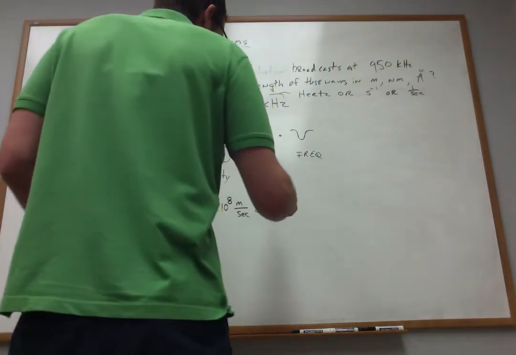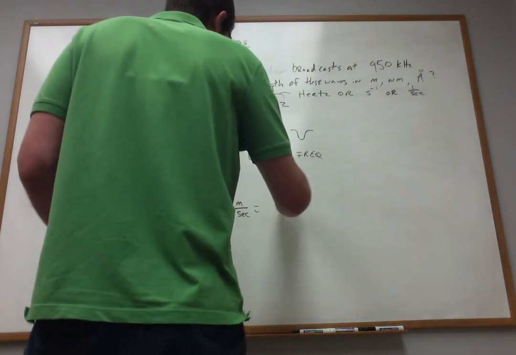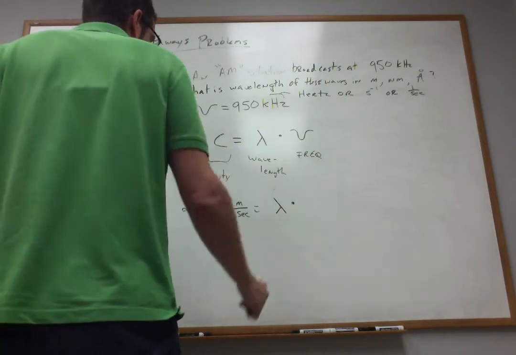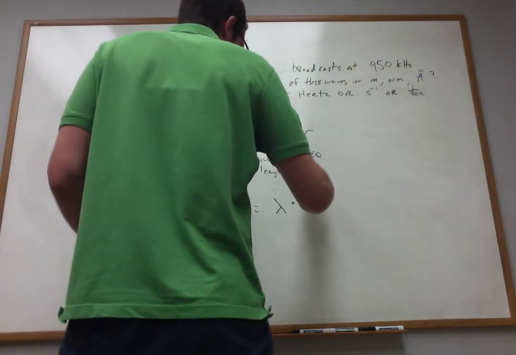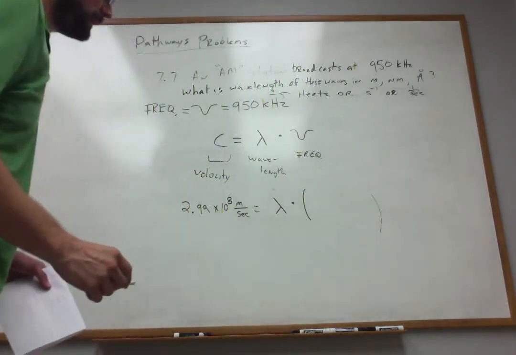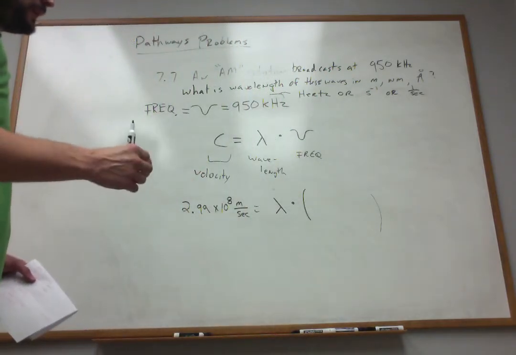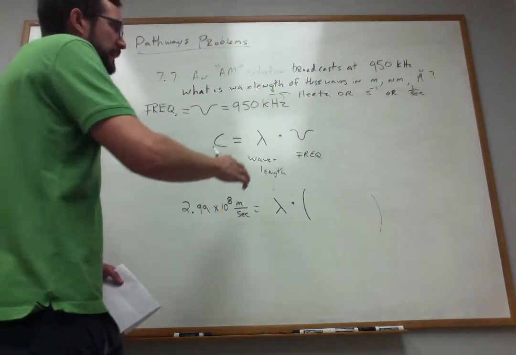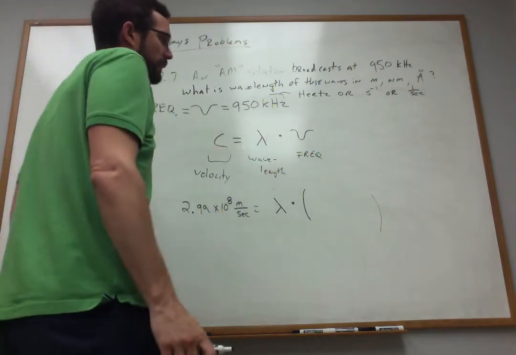All right, so what we know then is we can solve for our wavelength if I can plug in a number for my frequency. Now, when I plug in a value for my frequency, I want to plug in the value in hertz units or in cycles per second, not in kilohertz or kilocycles per second.